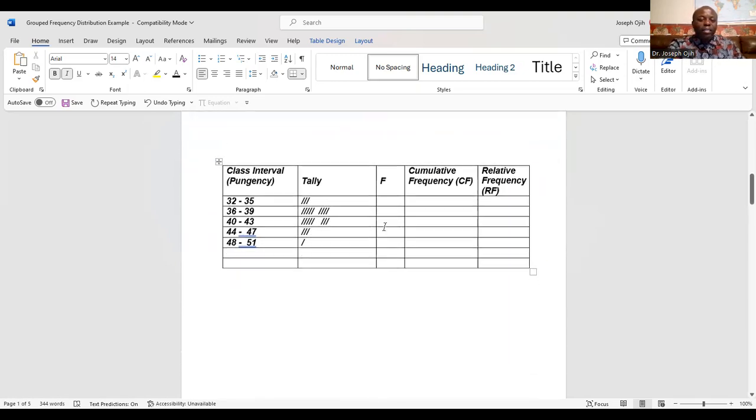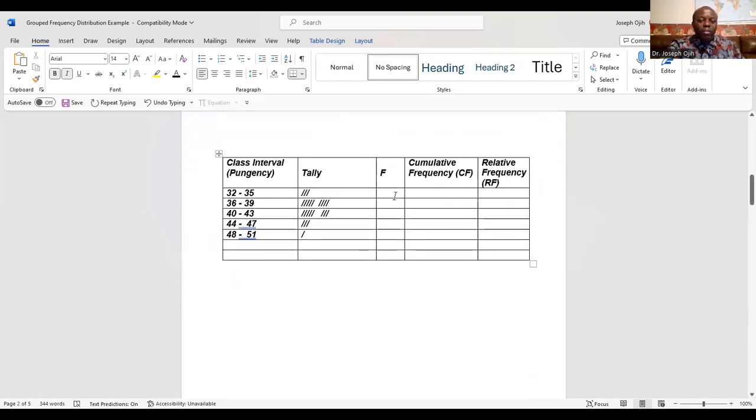Now let's count the tallies. This one has three tallies, so the frequency is 3. This one has how many? 5 and 4, so that is 9. Then this one has 8 tallies.